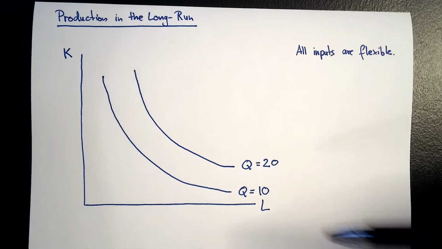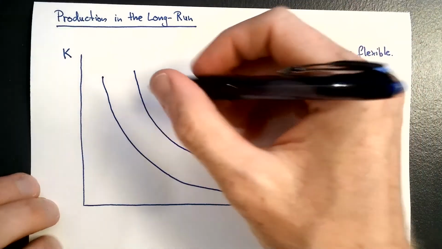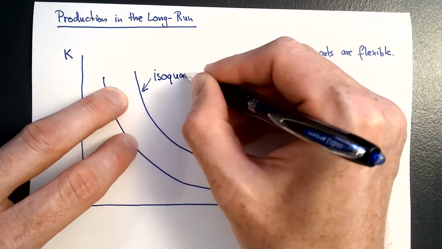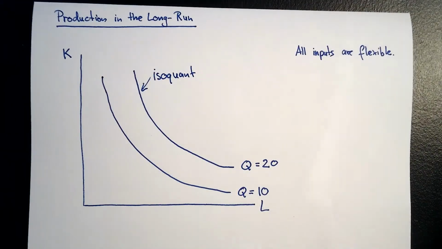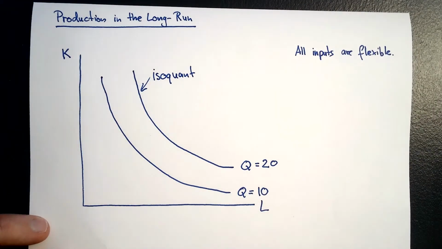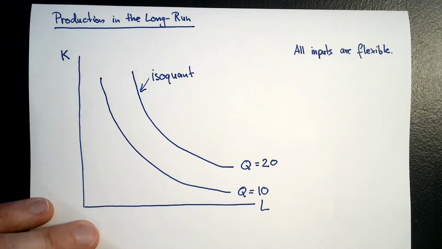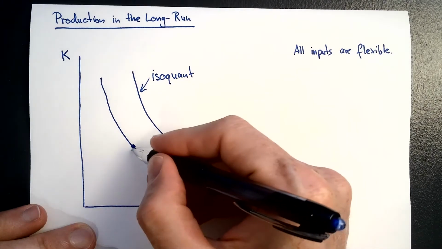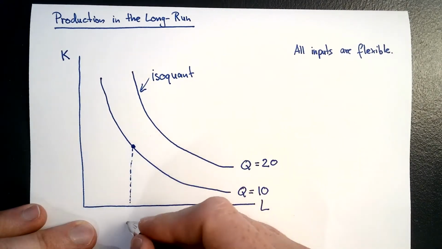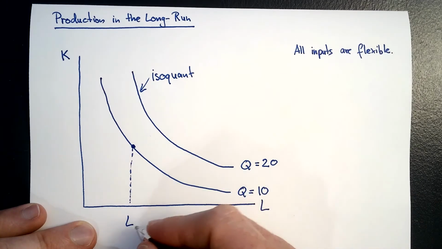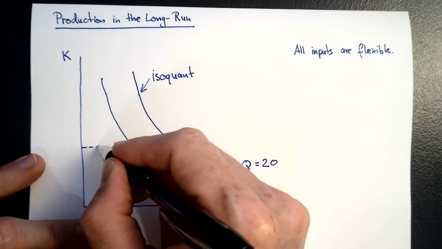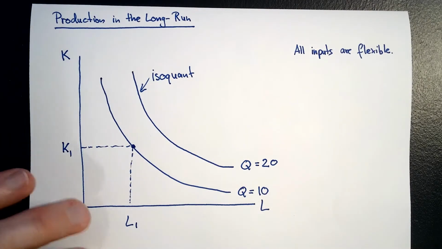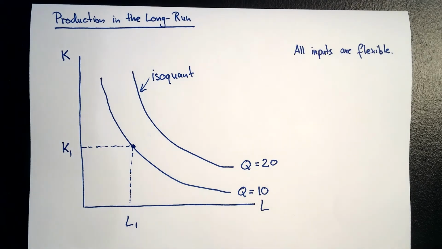Note that we have the isoquants, so here we have one particular isoquant which indicates all the combinations that produce these 20 units of output. If we have a particular point here, let's call this L1 and K1, so this is some combination of labor and capital to produce 10 units.